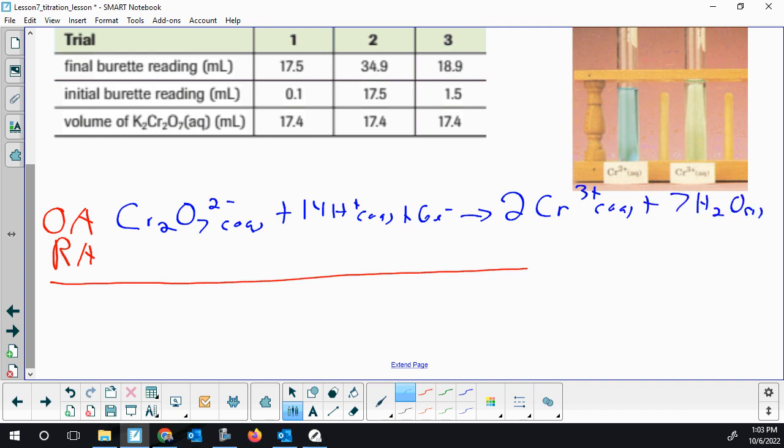Okay, so that's our best OA. Now we have to keep that list kind of in our mind: the potassium, the dichromate, the H+, the chromium 2, and the water. But I'm going to go to the RA column, start at the bottom, and work my way up.